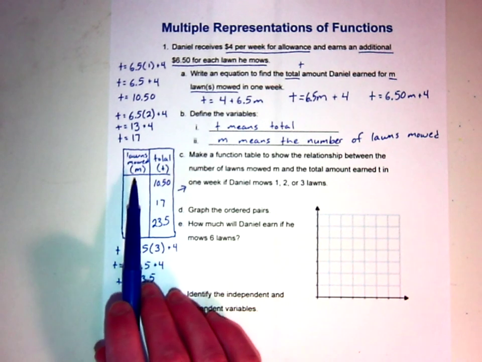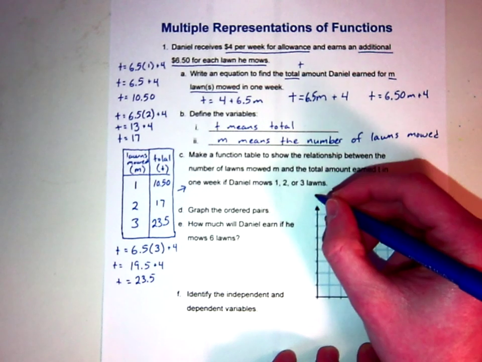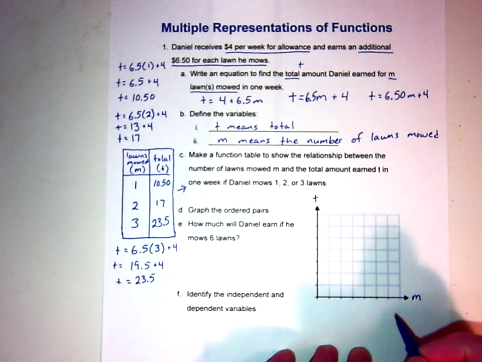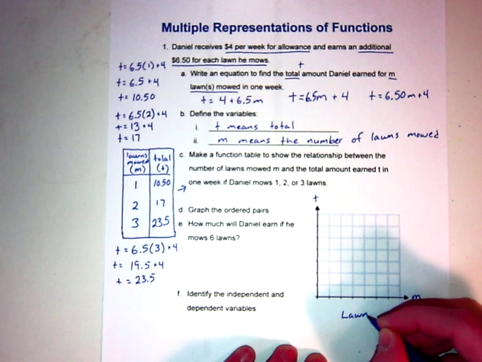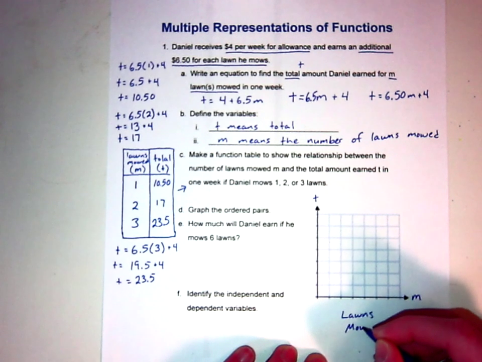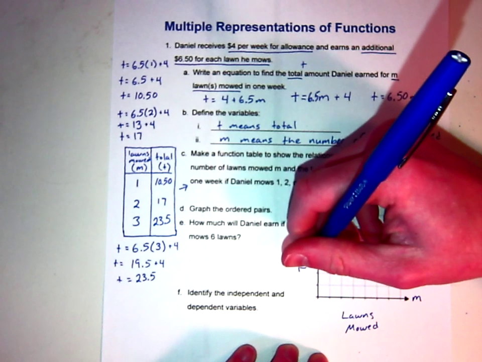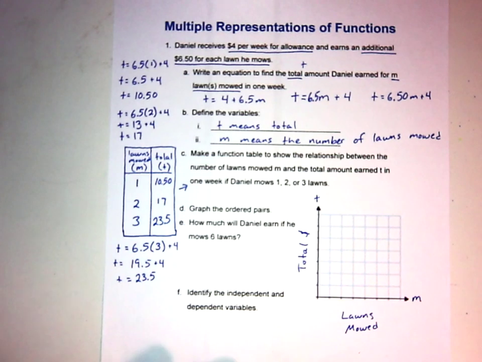In this case, this is M and this is T. This axis represents lawns mowed, and this represents total.